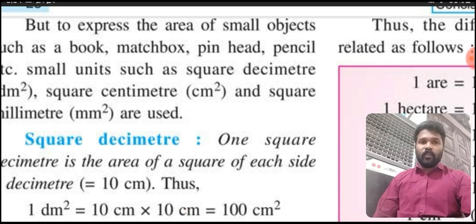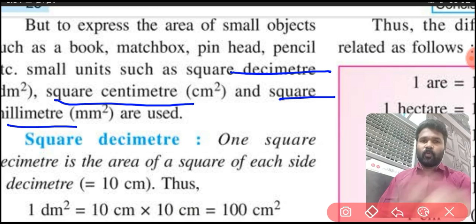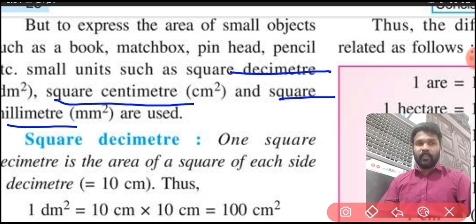Then we can use decimeter square, centimeter square, or millimeter square.